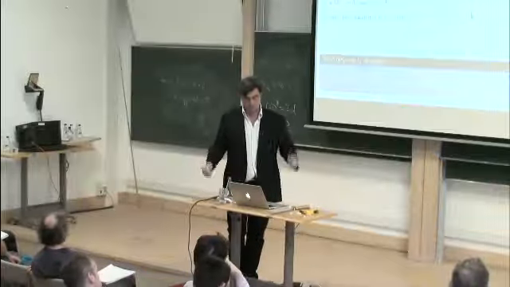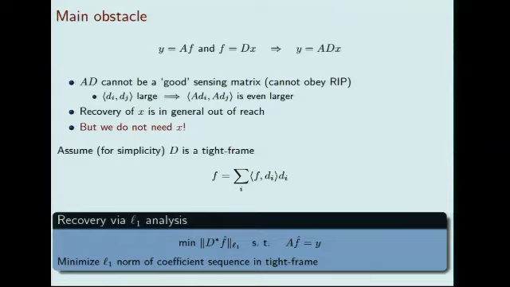So we're going to assume that we play with a tight frame, which would be curvelets and Gabor frames. All of this is true. And to recover, now we're not going to minimize the L1 norm of x. We're going to try to find an object that fits the data, and when I look at its coefficient sequence in my representation D, it's minimum in an L1 sense.